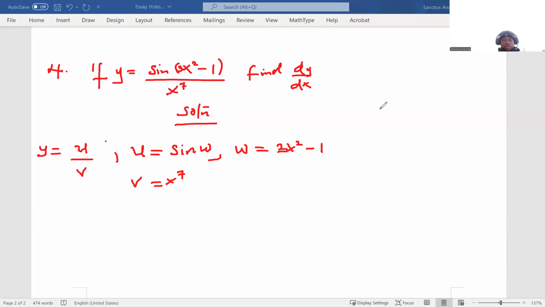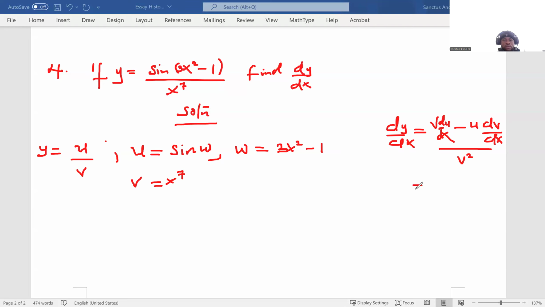All right, so now we're going to use the quotient rule and chain rule at the same time. So from here, we have that dy/dx is v du/dx minus u dv/dx, all over v squared.